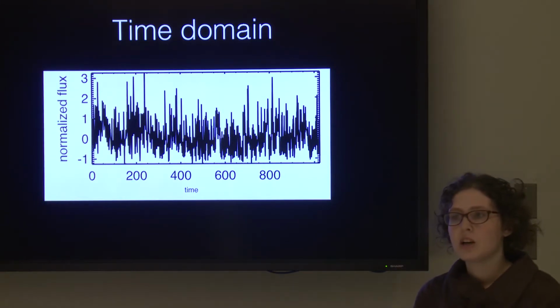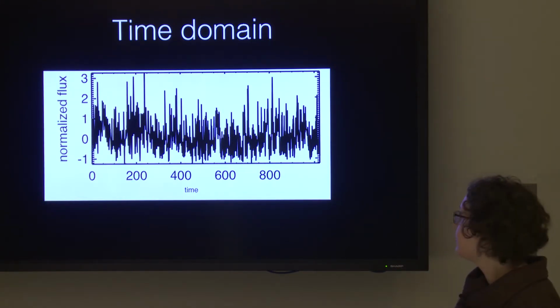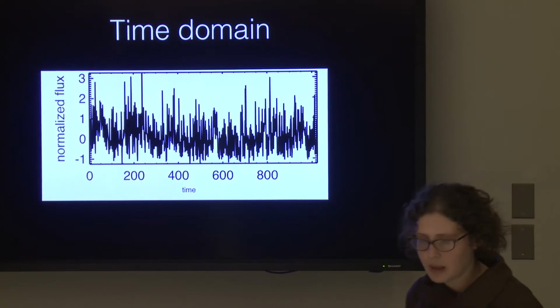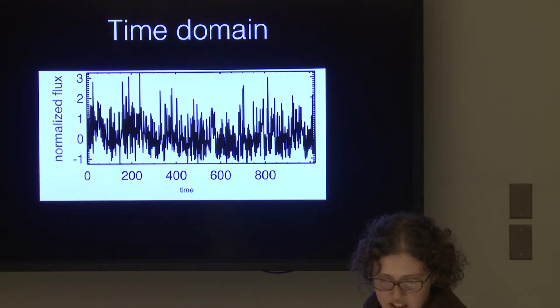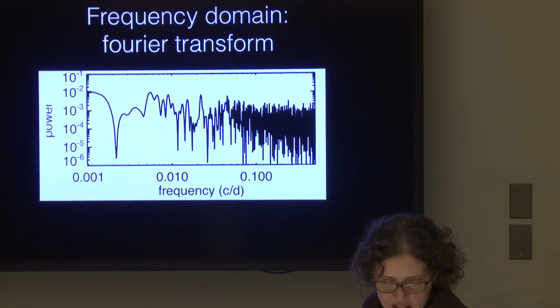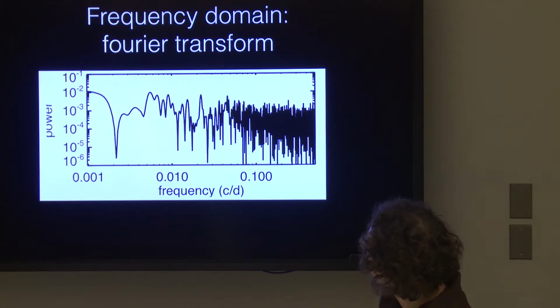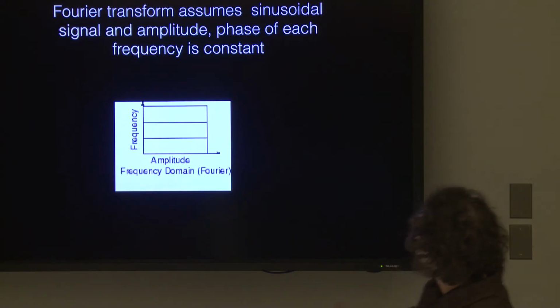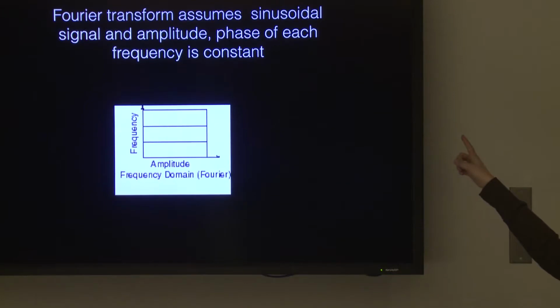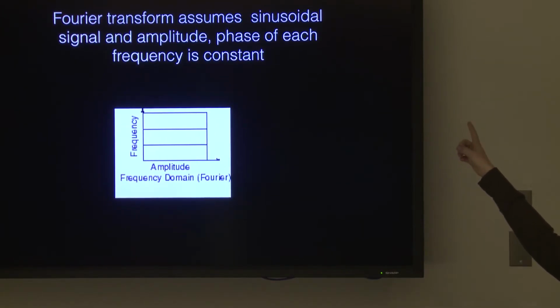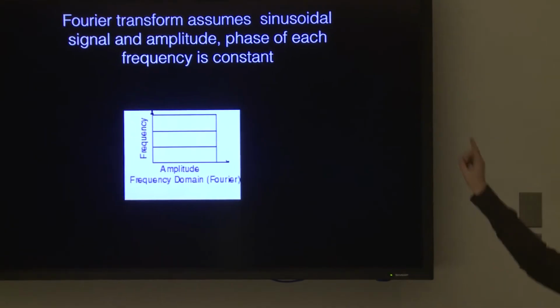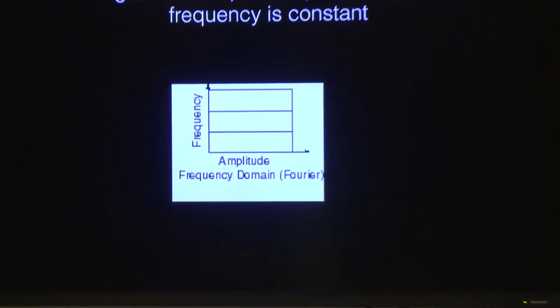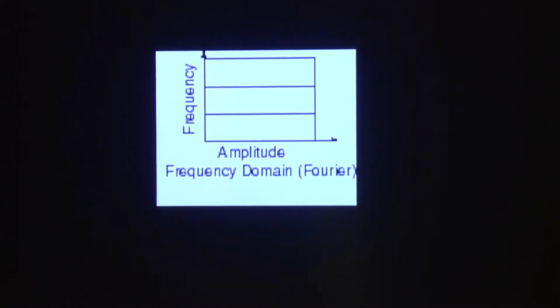So now I'll talk about the wavelet transform. Here's our data set in the time domain. Here's the data set in the frequency domain using a Fourier transform. What the Fourier transform assumes is that there's a sinusoidal signal, or at least it decomposes into sinusoids, and that the amplitude, phase, and frequency of the sinusoids are constant.